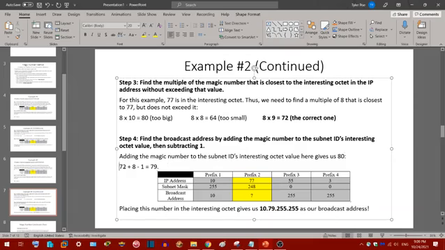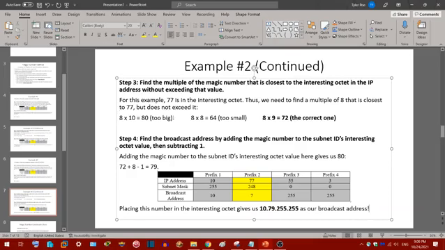So 72 is the number we have for our subnet ID. We add the magic number, which is 8, then you simply subtract 1, that's 79. With this number 79, it gives us the broadcast address of 10.79.255.255. That's our broadcast address.